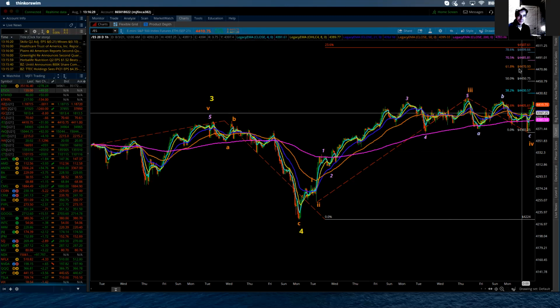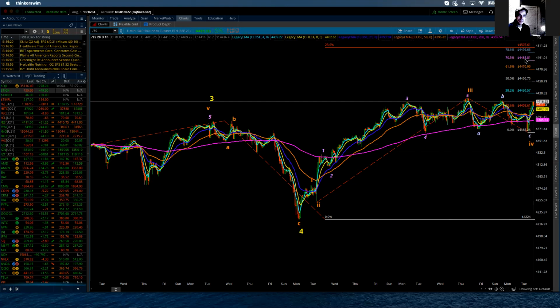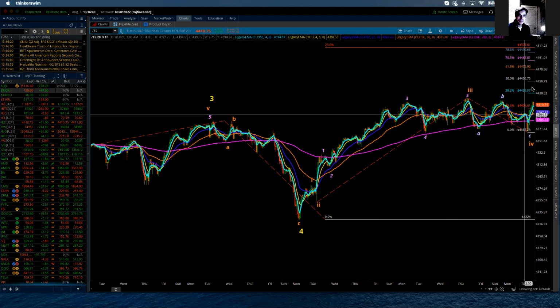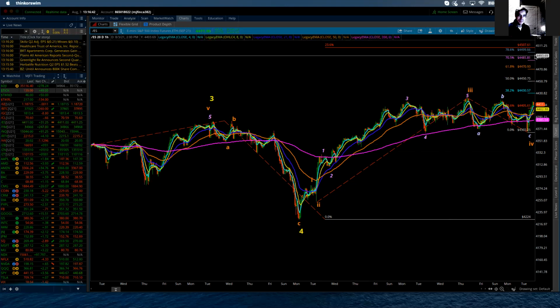And that comes in at 44.70, 44.71. So basically, all of these then become resistance and possible candidates for the completion of minor 5, and then in turn, the intermediate 5, the primary 5, the cycle degree, and on up.